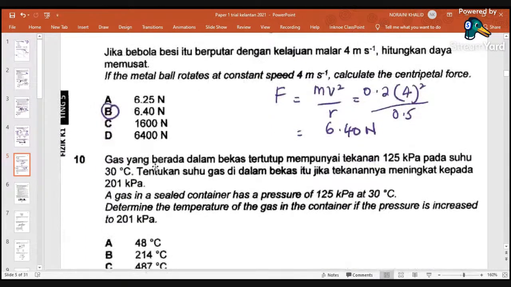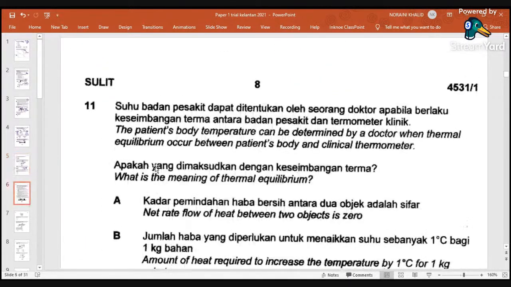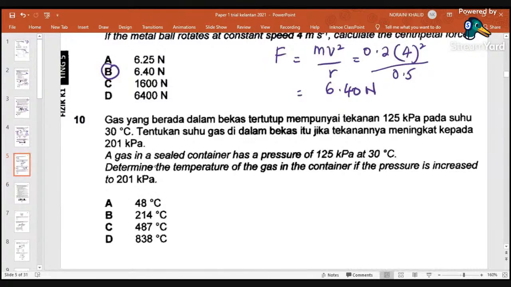Okay, number 10. A gas in a sealed container, pressure, temperature. Determine the temperature if the pressure increased. So this one just mentions pressure and temperature. No mention about volume.